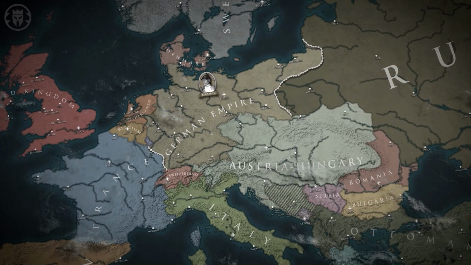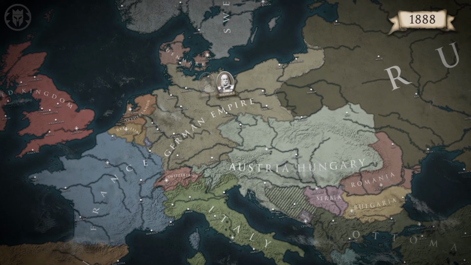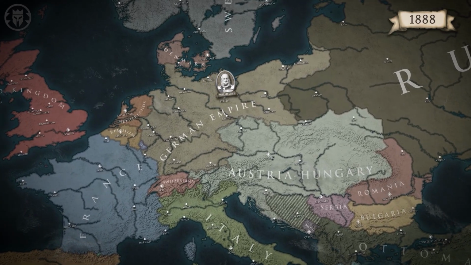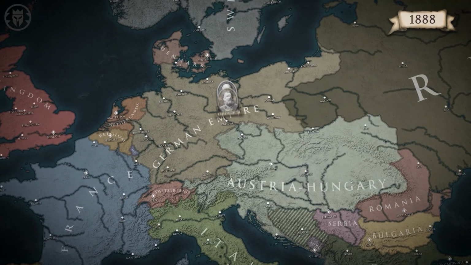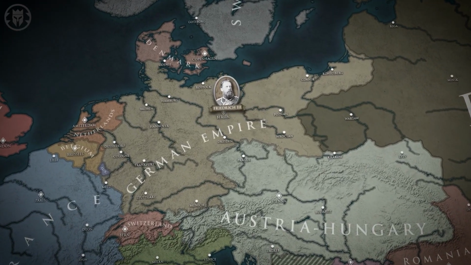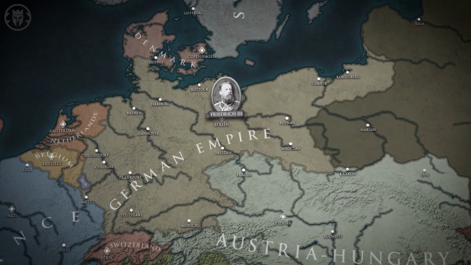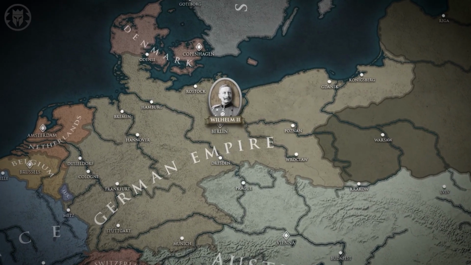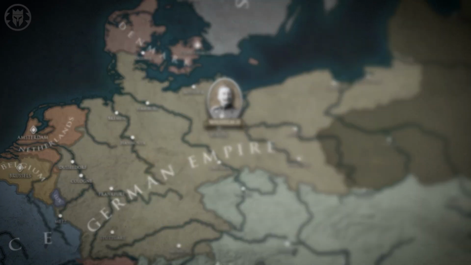war against Germany. In 1888, Kaiser Wilhelm I died, leaving the throne to his son, Friedrich III. The new monarch suffered from cancer of the larynx and died 99 days later, being succeeded by his son Wilhelm II.